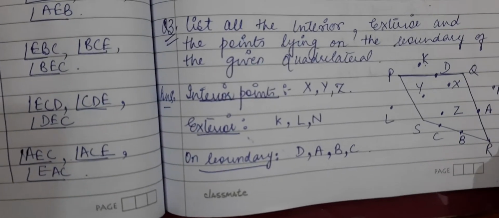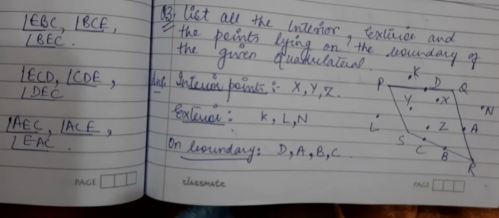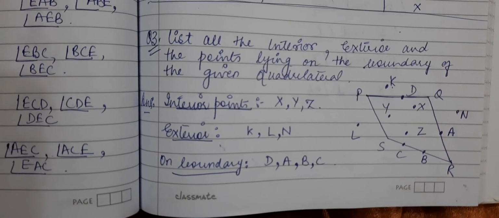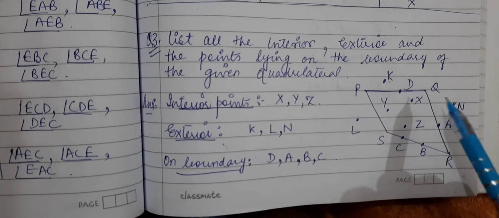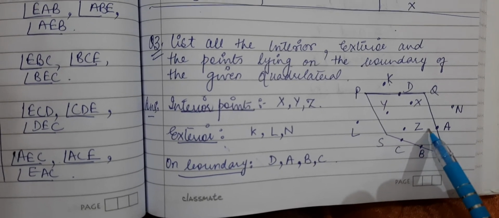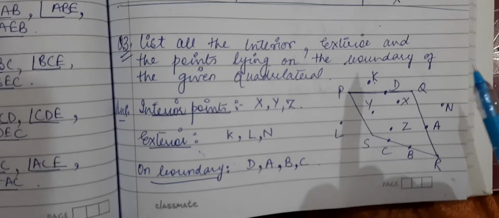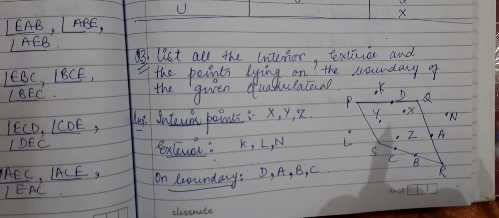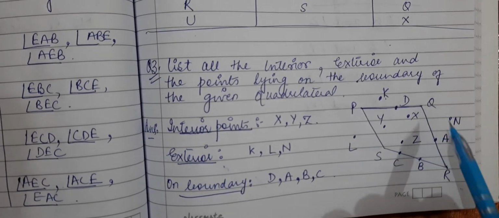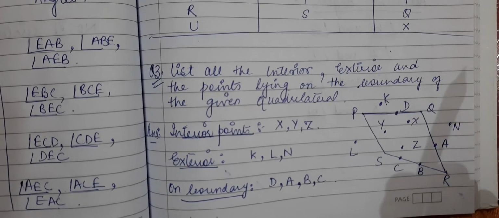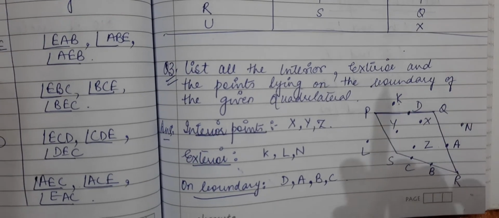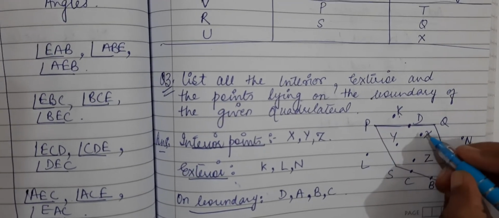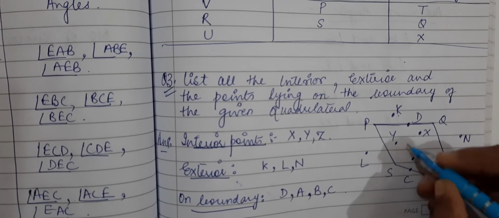In the quadrilateral, the points in the interior are X, Y and Z. You are not going to consider P, Q, R, S because P, Q, R, S is the name of the quadrilateral. The points you have to consider are the ones with this dot.